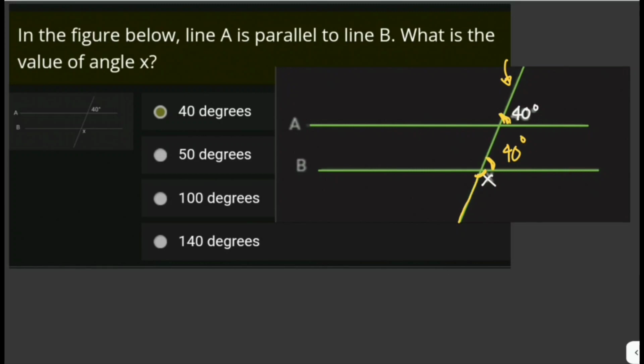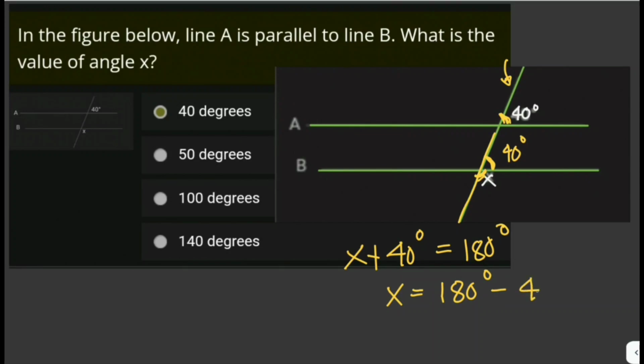Since this one is a straight line and this is equal to 40 degrees, therefore, the sum of this angle and angle X is just equal to 180 degrees. Therefore, the value of X is just equal to 180 degrees minus 40 degrees, which is just equal to 140 degrees. So our answer is this one.